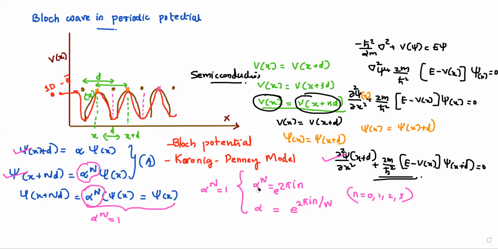So the value of alpha raised to n is equal to e raised to 2 pi i n, and alpha is equal to 2 pi n by N. Then alpha raised to n is e raised to 2 pi n, and at that value alpha raised to n will be 1. So at this condition psi of x plus nd is equal to psi of x.